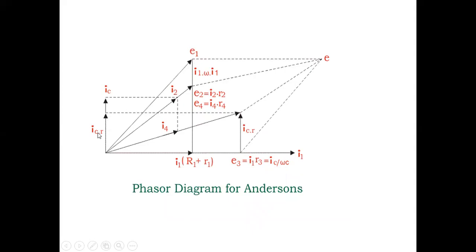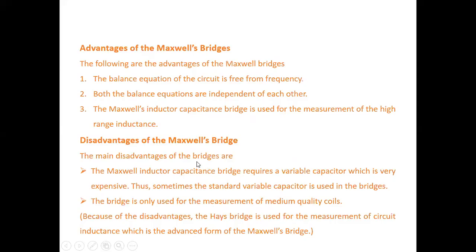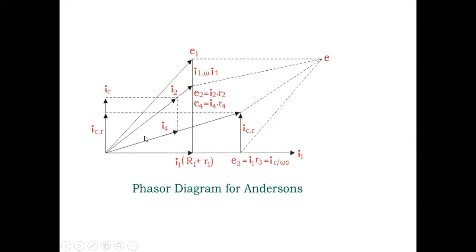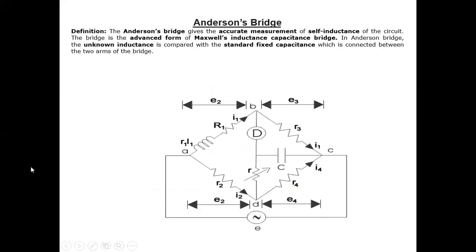Then I2 is equal to IC plus I4. The current IC will be calculated from E3, where E3 is equal to I1 into R3.